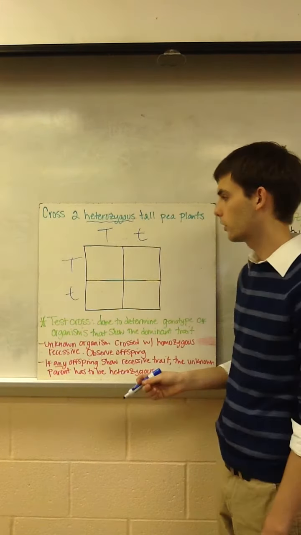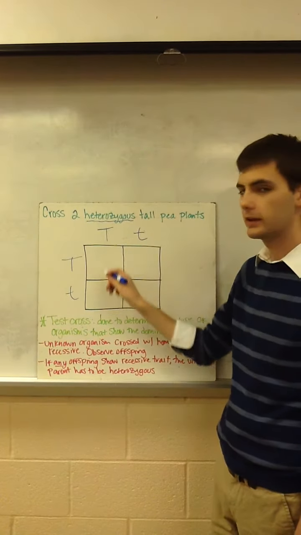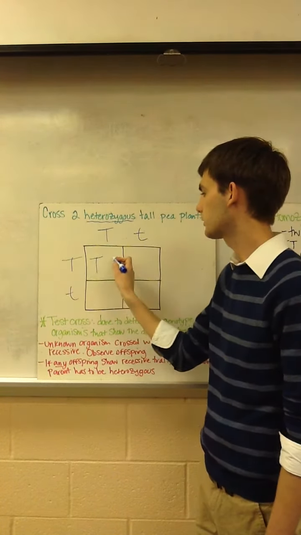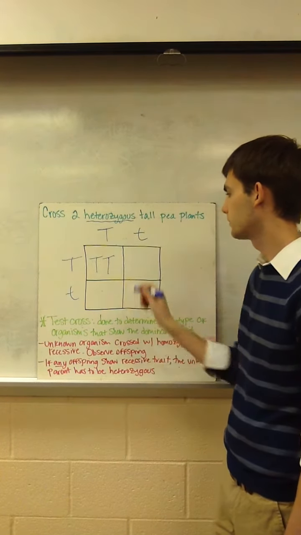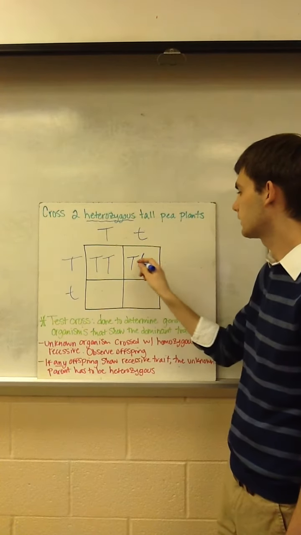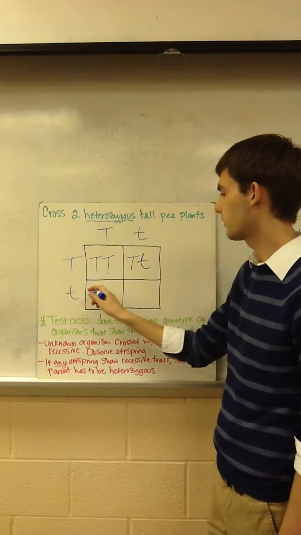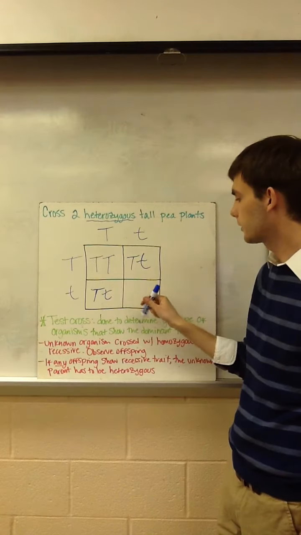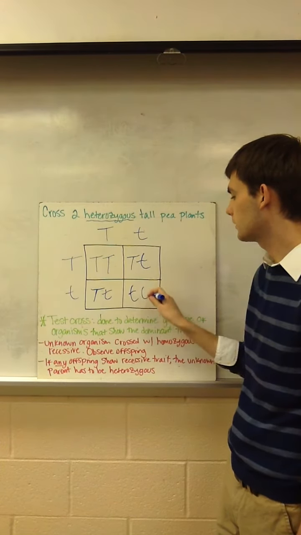And the way a Punnett Square works, you simply bring over and down your two alleles. So in this square, you have a capital T and a capital T. Over here, we have a capital T and a lowercase t. Here, we have a capital T and a lowercase t. And here, we have two lowercase t's.